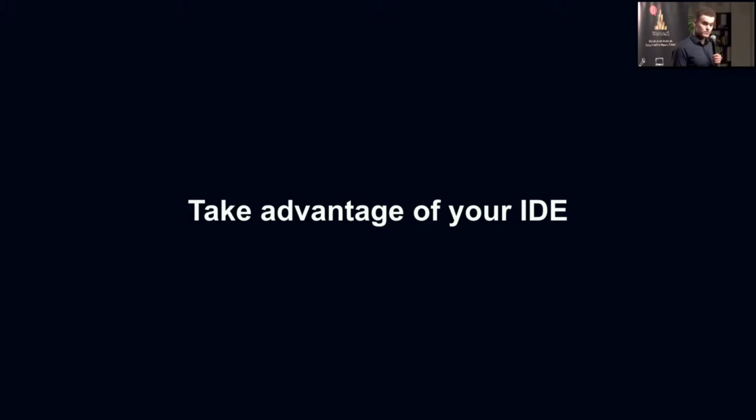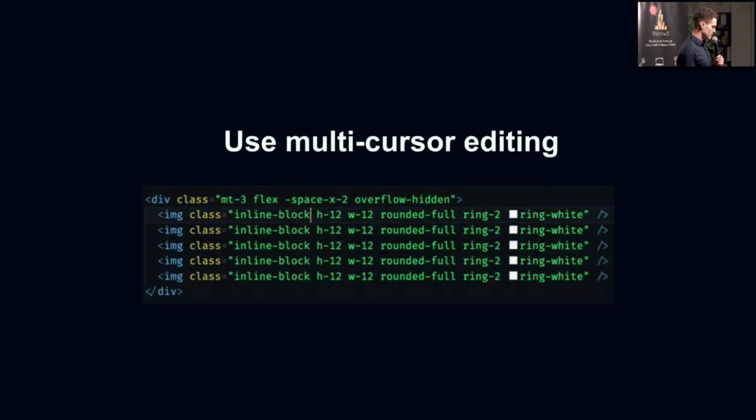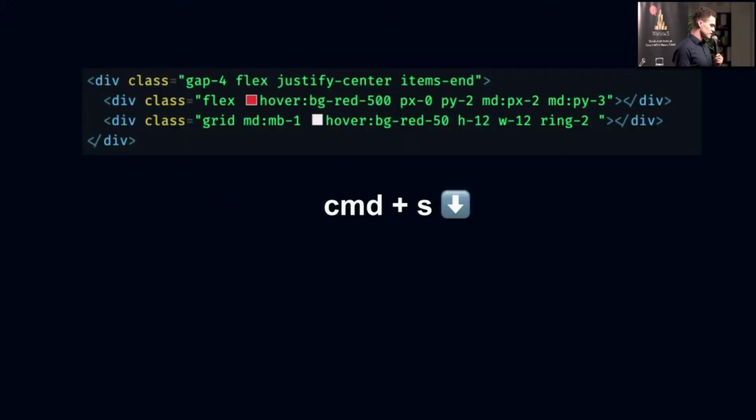Already with Tailwind installed, it's a big deal. You can use multi-cursor to highlight the classes you want to change. You should use Prettier to sort classes, because there's a Prettier extension for Tailwind.